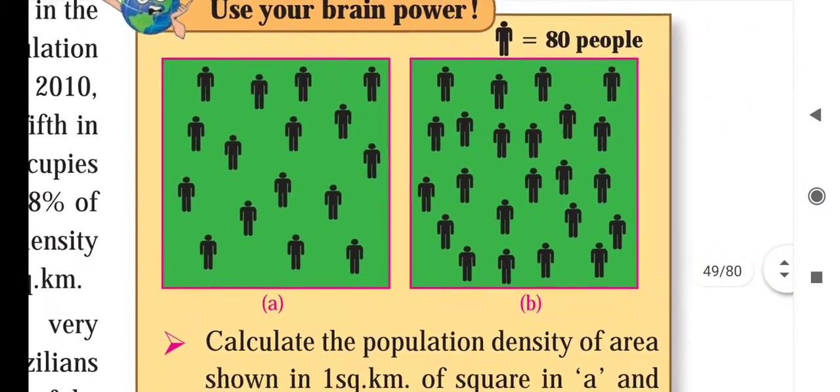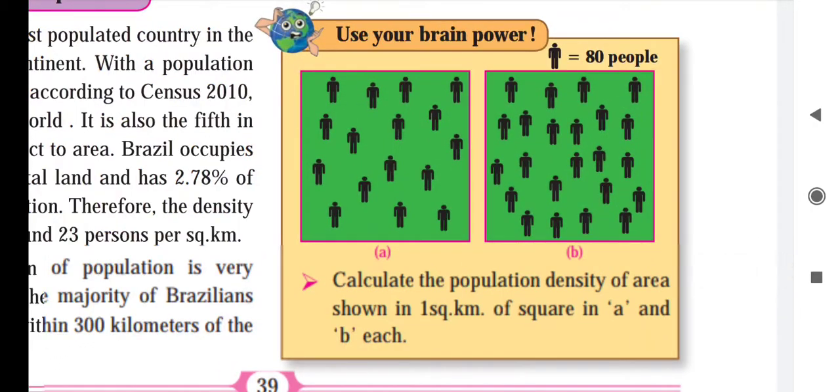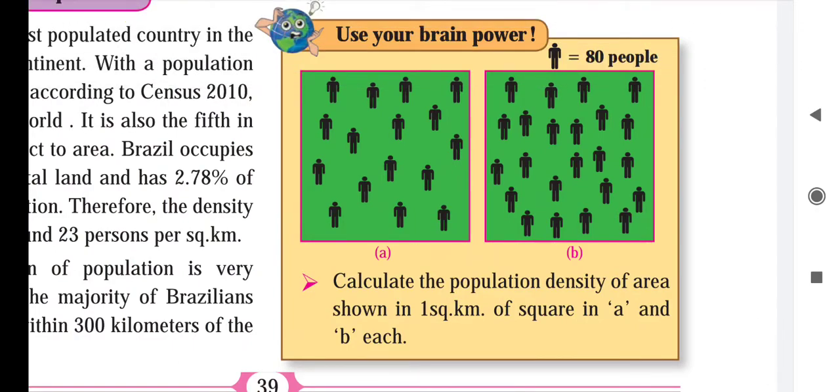Here downside, so see, use your brain power. One person is equal to 80 people, in A and B. Suppose this is 1 square kilometer, and another is also 1 square kilometer. It is not exactly a square, but just imagine. Calculate the population density of the area shown in 1 square kilometer in A and B each.